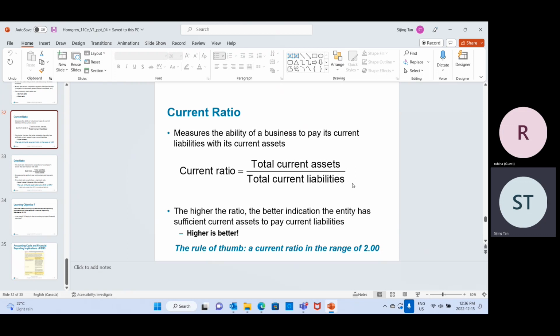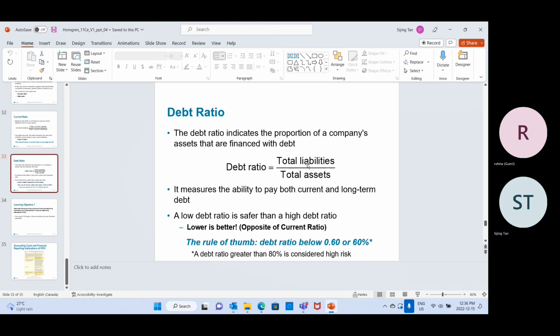Pay attention to that ratio because you're going to get exam questions based on the current ratio. They will ask you to prepare a balance sheet. When you finish your balance sheet, you use the numbers to calculate the current ratio. Debt ratio. The debt ratio compares total liabilities to assets. Right? It shows how much of the company's assets are financed with debt. So it's just vice versa.